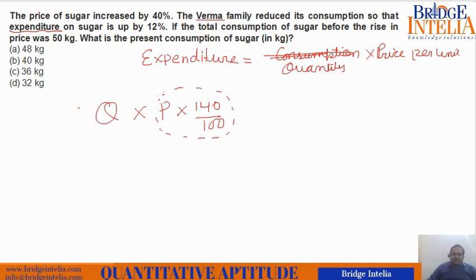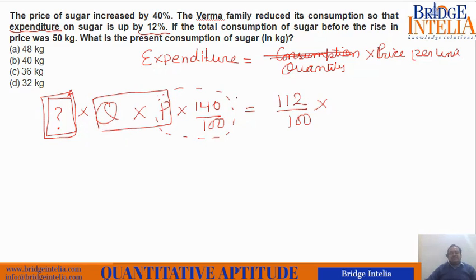Fine. The Verma family reduced its consumption so that the expenditure on sugar is up by 12%. So here you need to multiply this with something so that the final figure shows an increase of 12%. So the final figure is 112% of the initial expenditure.